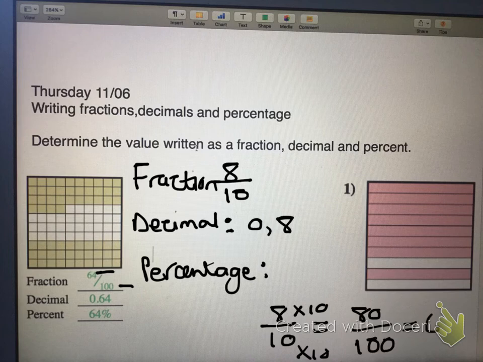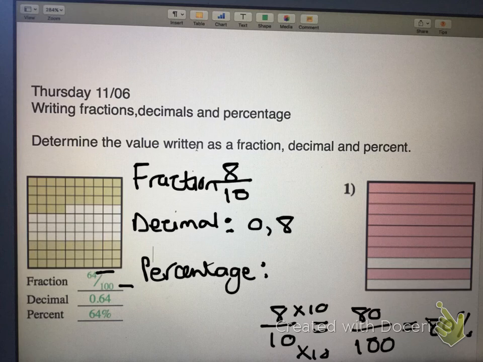That would give me 80%. That is as easy as percentage can be. Just get your denominator to be 100. You're comfortable with fractions now. You're familiarizing yourself with decimals, and if you know your fractions, your percentage becomes easy.